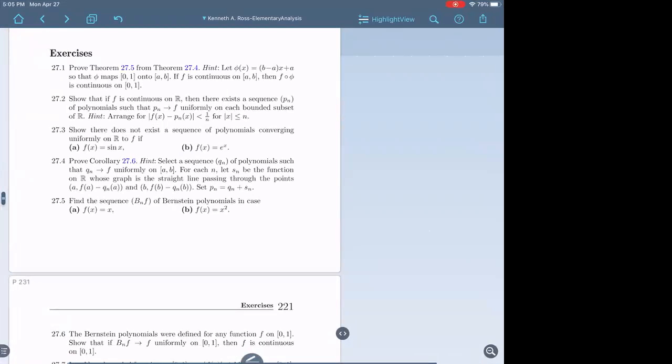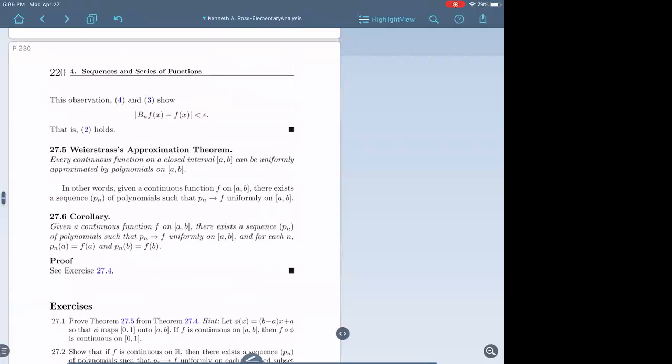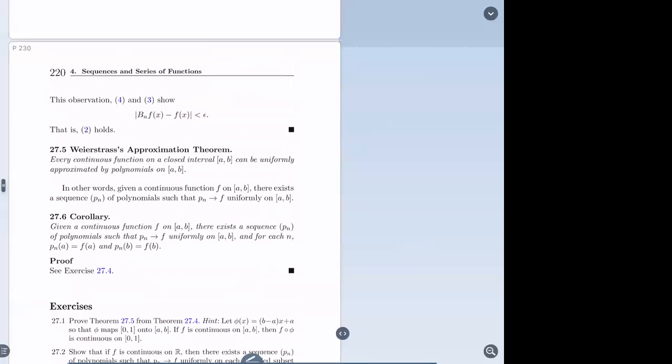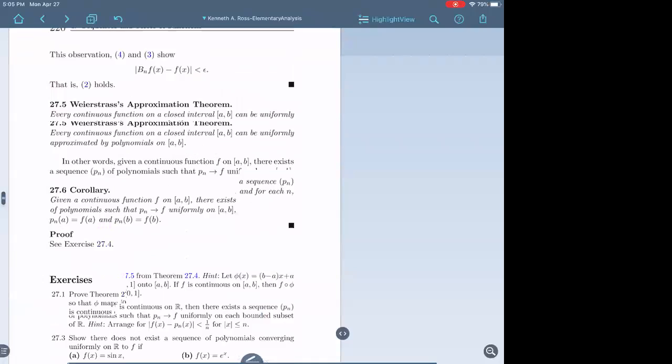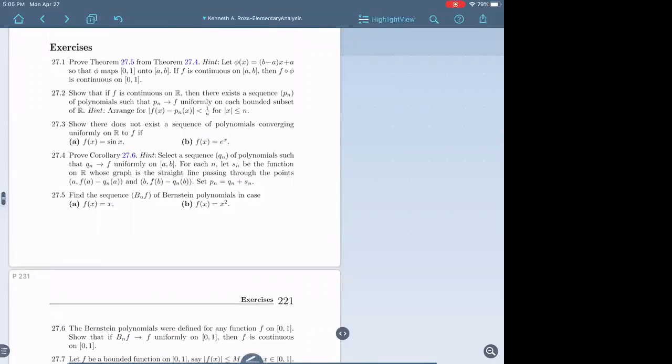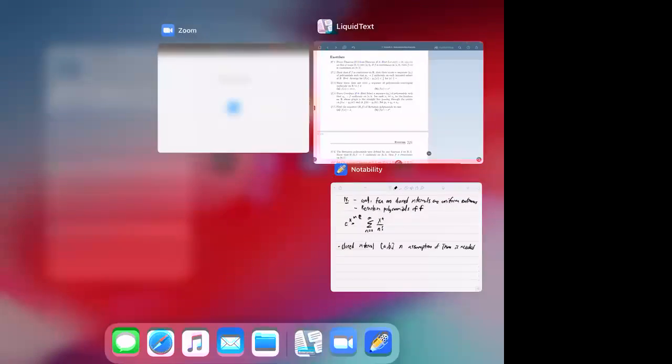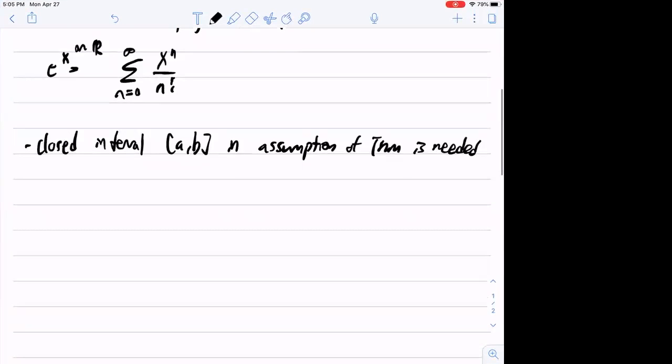Show there doesn't exist a sequence of polynomials converging uniformly on R to f if f is sin x. Here we're not in the interval a to b. Basically we're going to see that on R it fails. So I'll just do this example and then leave the rest of the section for questions.